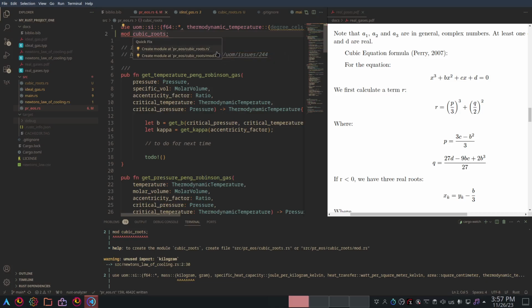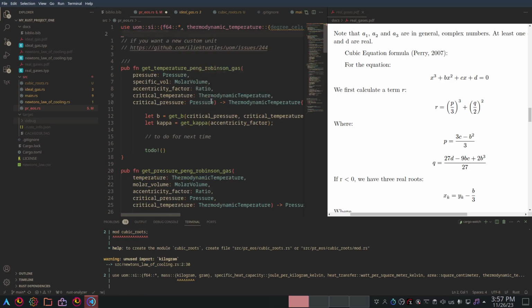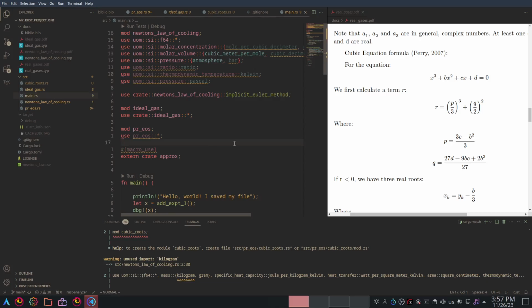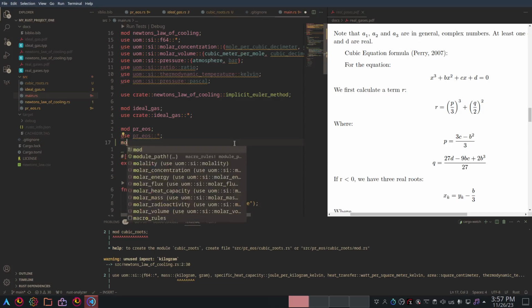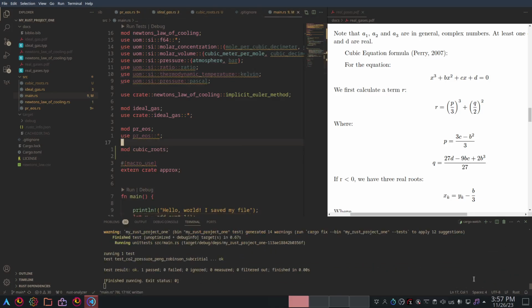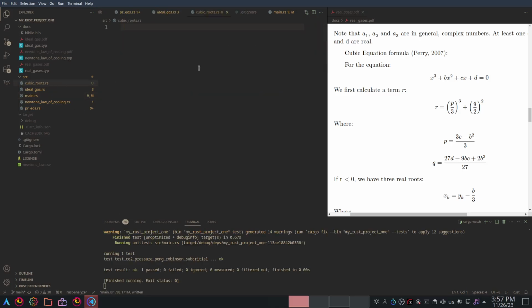Well, I don't want to make it under the Peng Robinson; you can use it anywhere. So never mind, I'll delete this, because if you make a module under the Peng Robinson EOS.rs and you try to import it from there, it has to be under the PREOS folder. I don't want it to be like that. So instead I'll just put the cubic_roots.rs over here, mod cubic_roots, and that's where we will start doing our cubic roots equation.